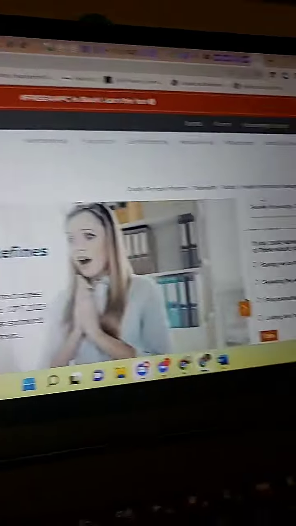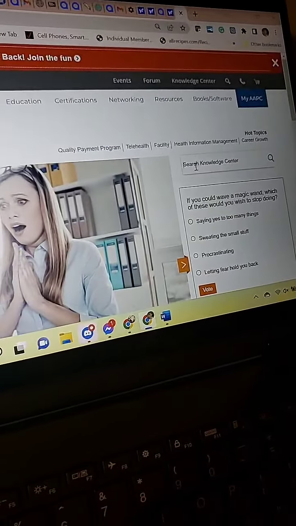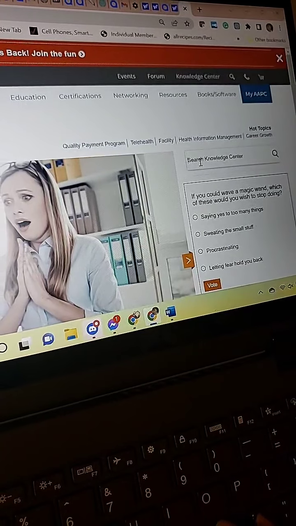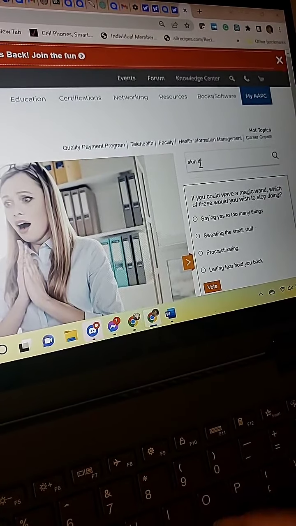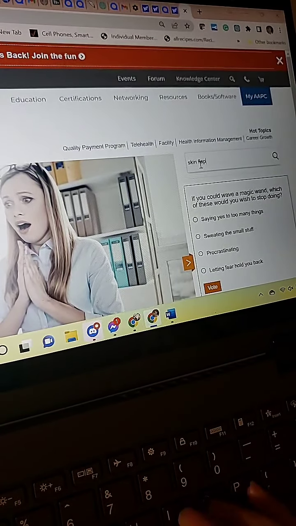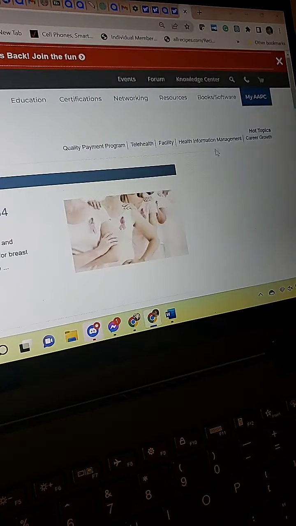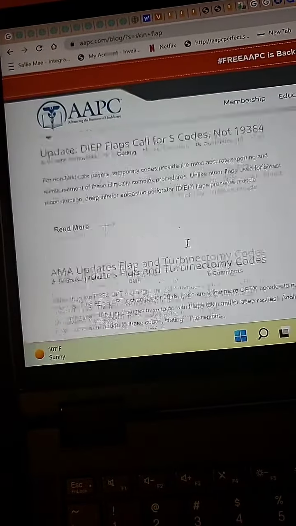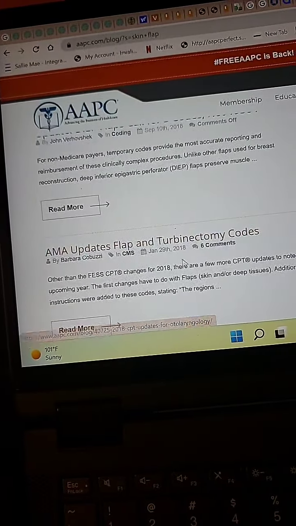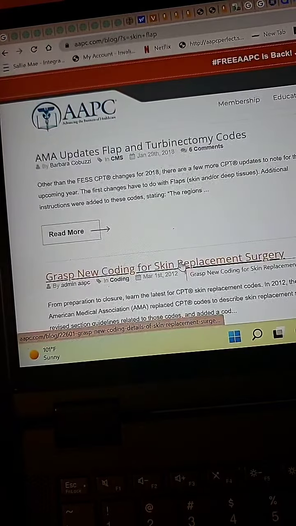And right there in this little corner, I could write skin flaps, which I was working on today, and just look up what they've got on skin flaps. Check my dates, make sure it's current information.